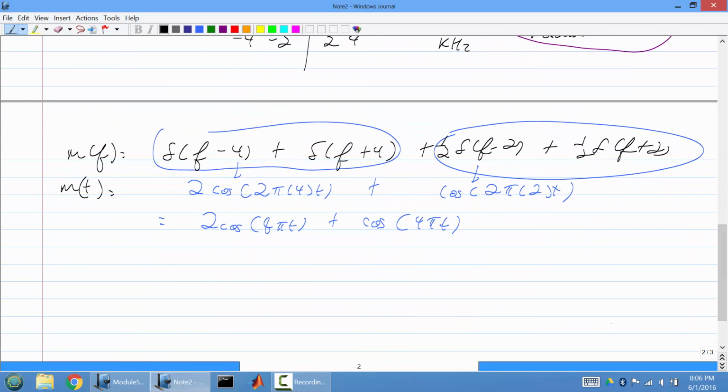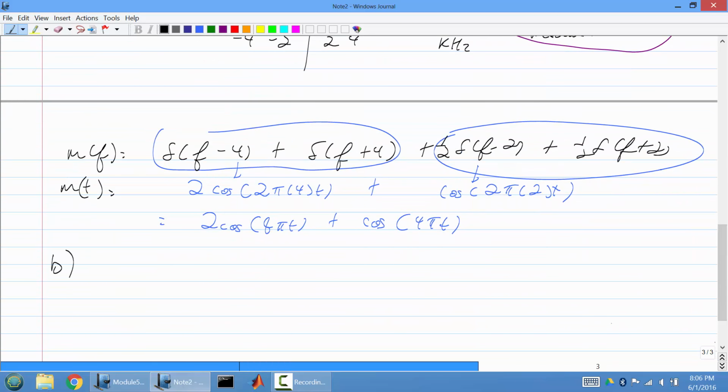Part B. We have to figure out what the modulation indices are. So we have mu. There are 2 ways to do this. You can either do the maximum peak divided by the carrier, in this case the maximum peak is just 2 plus 1, because you'll get to a point where 2 of these peaks match up, so you have 2 and then the 1, so you get a 3.